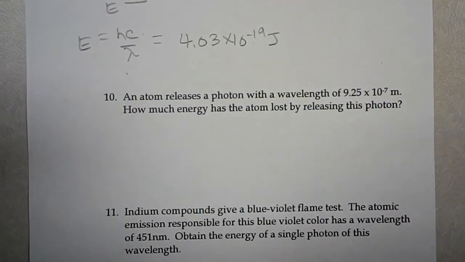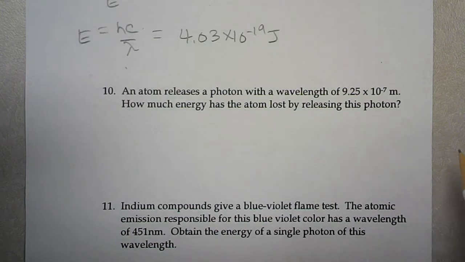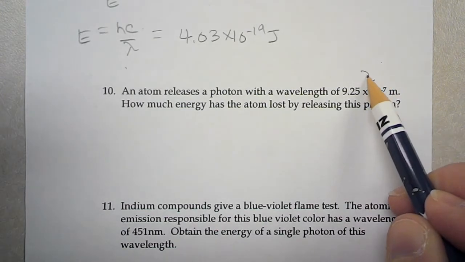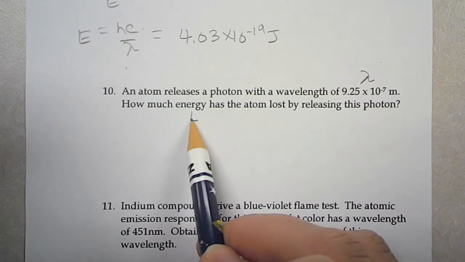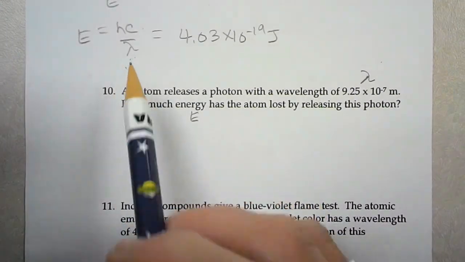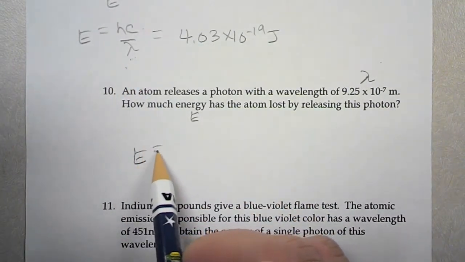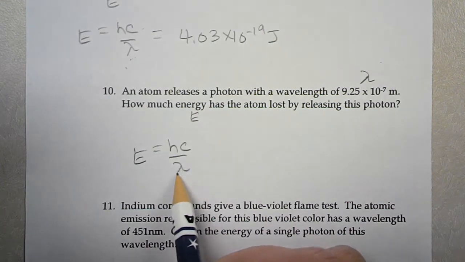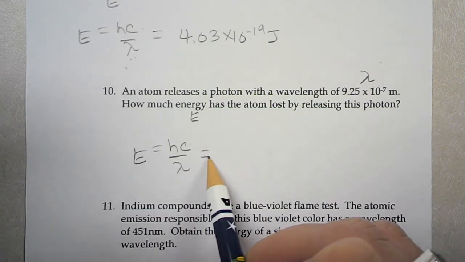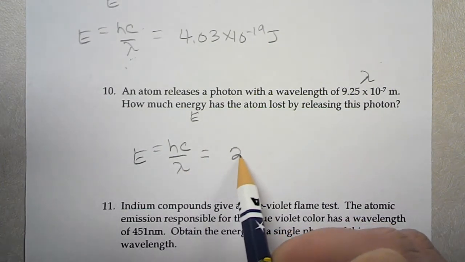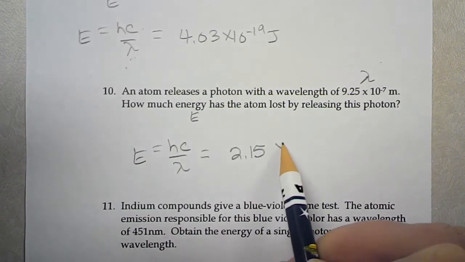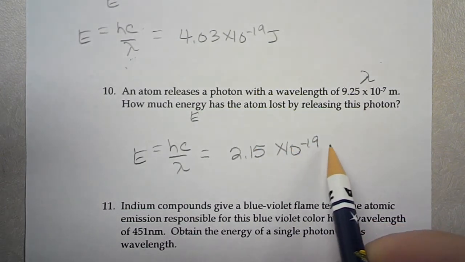Check your work. An atom releases a photon of a wavelength. This is wavelength. How much energy? Again, you're going to use the same formula as you did up here. So energy is equal to Planck's constant, speed of light over wavelength. And when you type it in your calculator for number 10, you get 2.15 times 10 to the negative 19th joules.